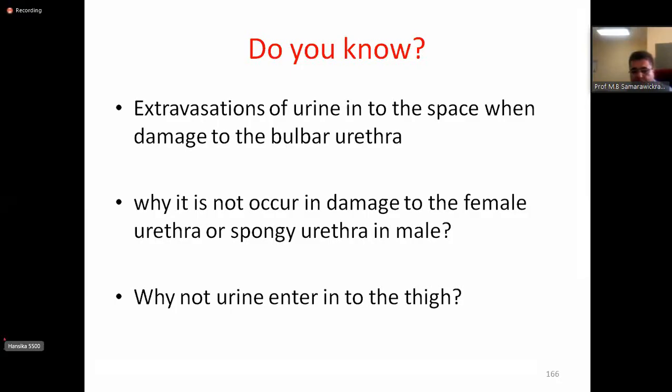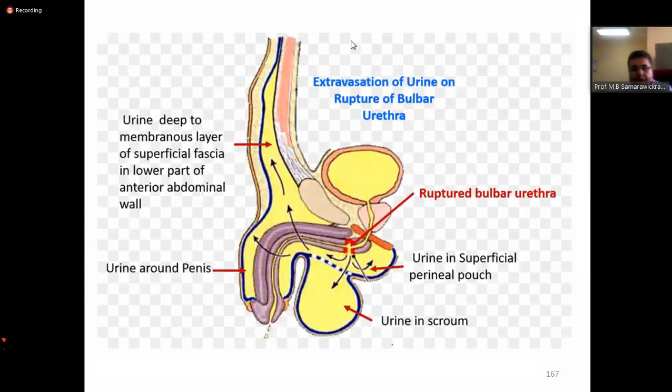Because the female urethra does not pass through the superficial perineal space, and the spongy urethra is already within the penis, and it does not open into the superficial perineal space. And urine does not enter into the thigh because the membranous fascia is attached to the fascia lata, so its space does not continue, but its space continues up to the umbilicus.